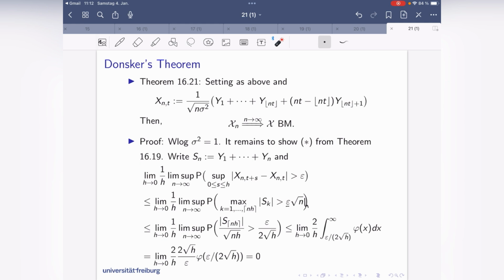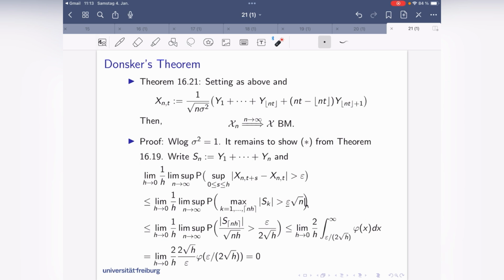But h is going to 0, and here we have basically something like e to the minus something square. And that's much stronger than the 2 divided by h here in front of it, which means that this thing here converges to 0. So we have shown this, and we are almost there.